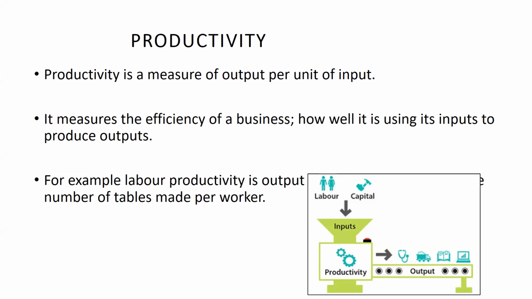Productivity looks at how well or how efficiently we use those factors of production. Alright, so it looks at how well we use our land, how well we use our labor, how well we use our capital, how well our entrepreneurs are operating.